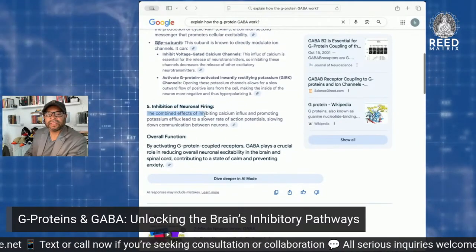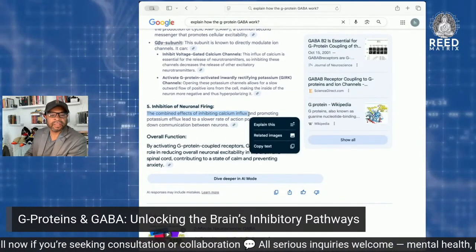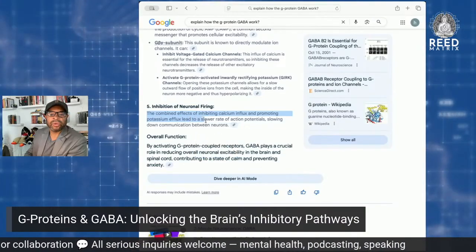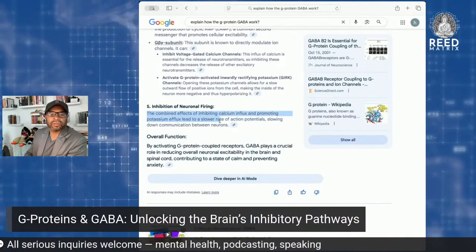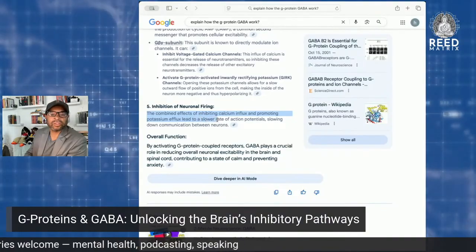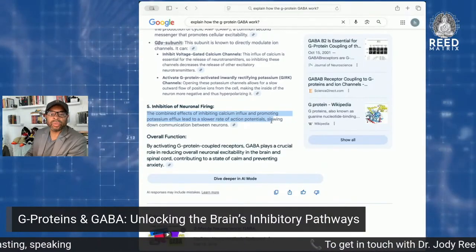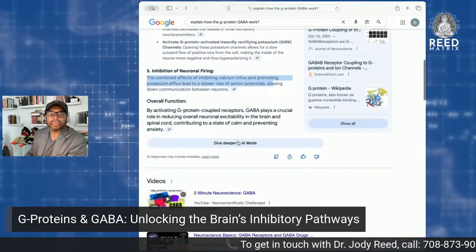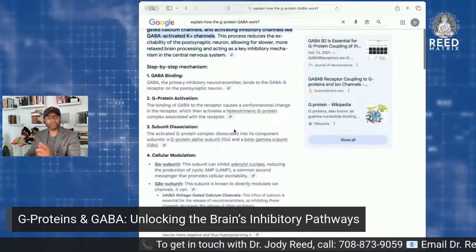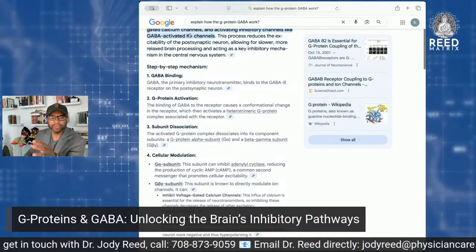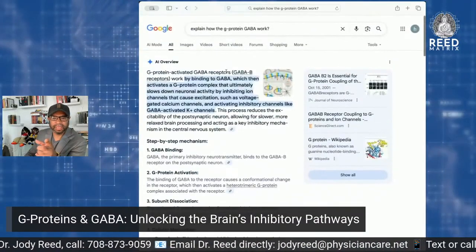The combined effect of inhibiting calcium influx and promoting potassium efflux from the cell leads to a slower rate of action potentials, slowing down communication between neurons. I think this is a very simple example of GABA and its effects.